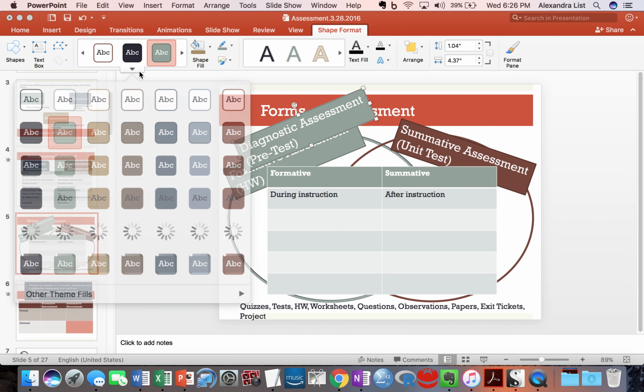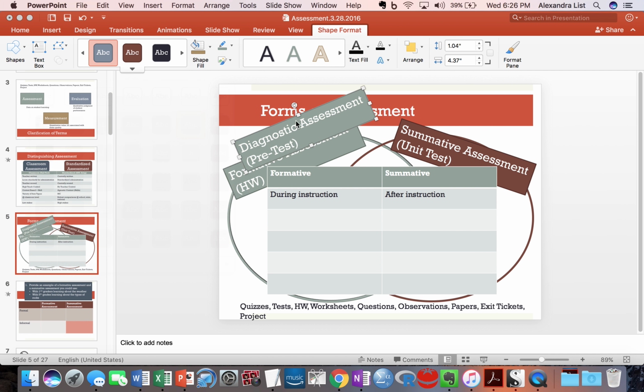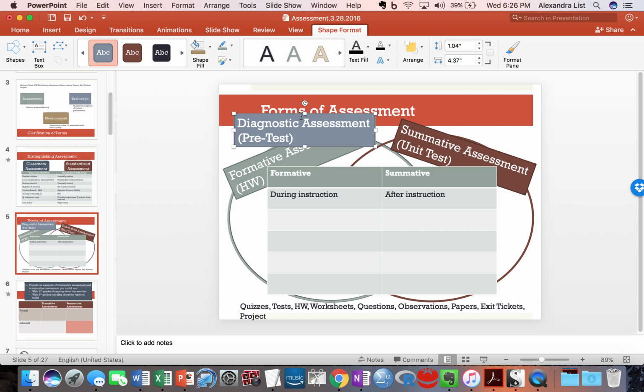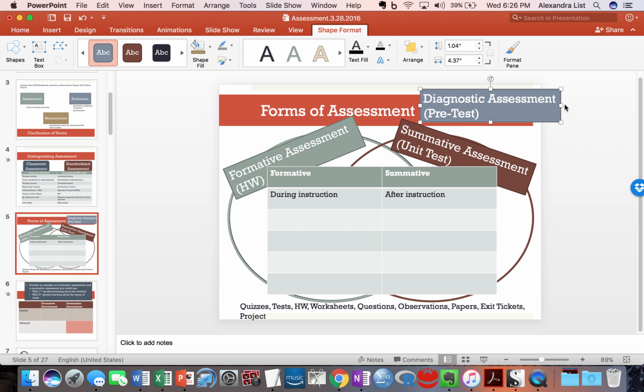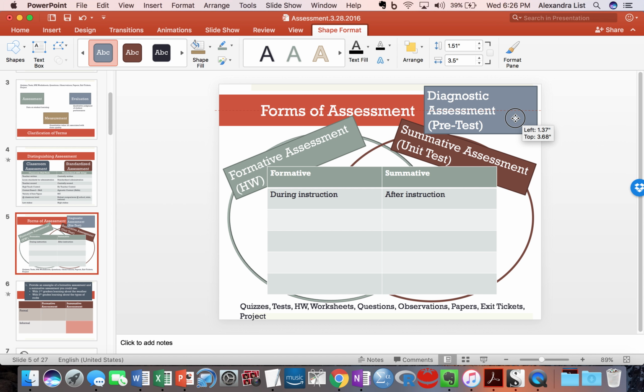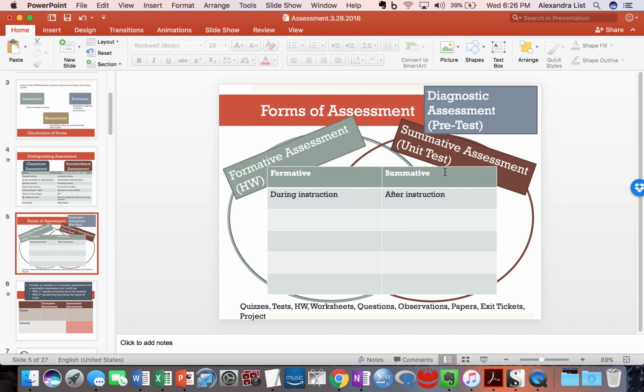But we're not going to talk about diagnostic assessment as much, just so that you have the term. I'll just stick it up here so that you know that that's where our assessment process starts. But otherwise, we can talk about formative assessment as happening during instruction, summative assessment as happening after instruction.